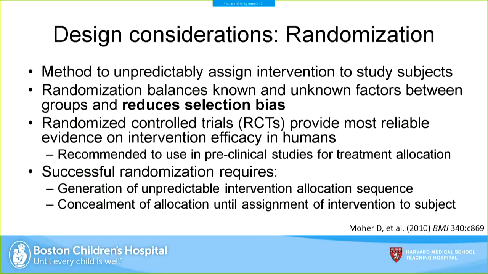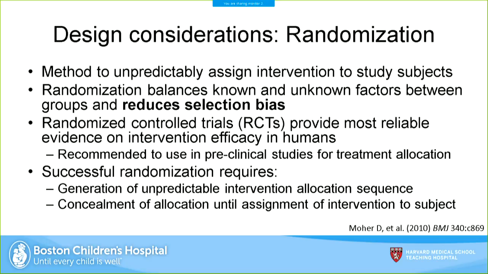And the real benefit of randomization is that it's able to balance both known and unknown characteristics of your subjects between the different treatment groups. This is one way you can reduce selection bias. As such, in randomized controlled trials for drug development, this is the gold standard. This is the most reliable evidence we can have for intervention efficacy in humans.